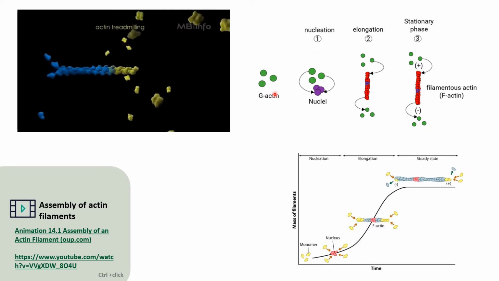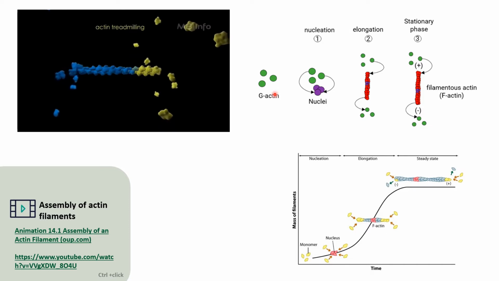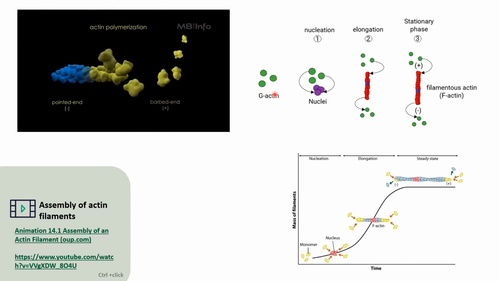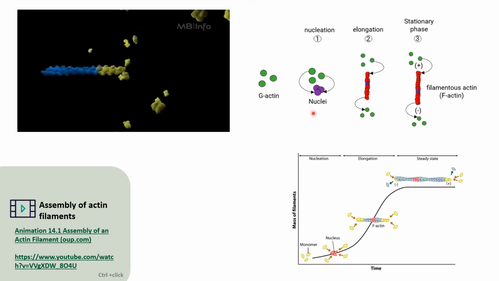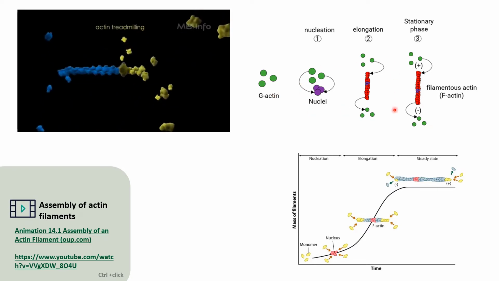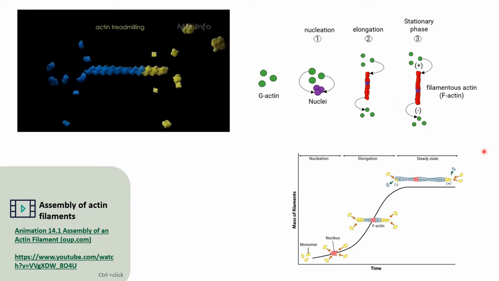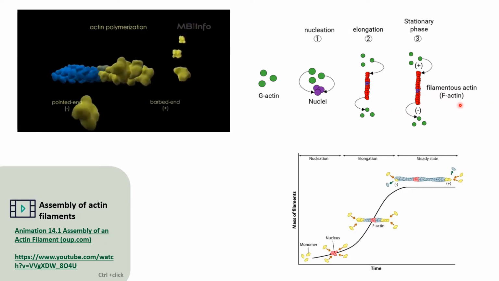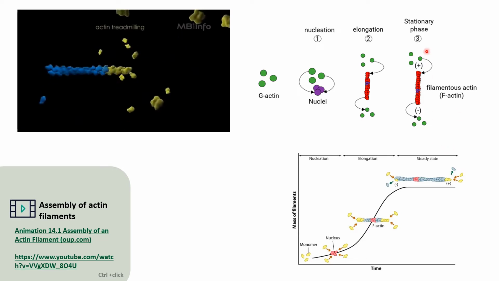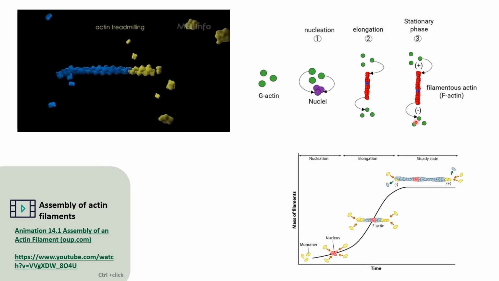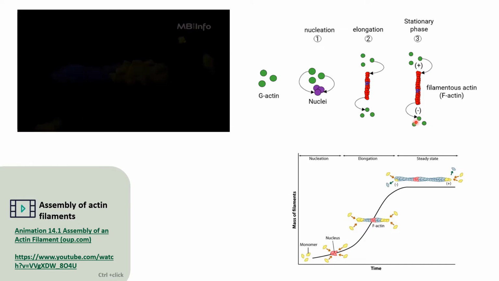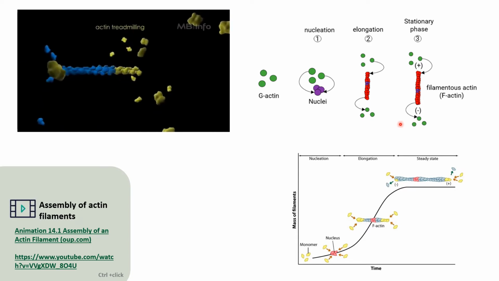They have a high affinity binding site that mediates head-to-tail interactions with other monomers. So they will polymerize and form filaments, which are the F-actin or filamentous actin. All are oriented in the same direction and have distinct polarity. The ends are called plus and minus.